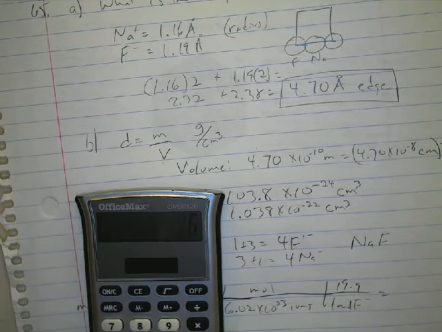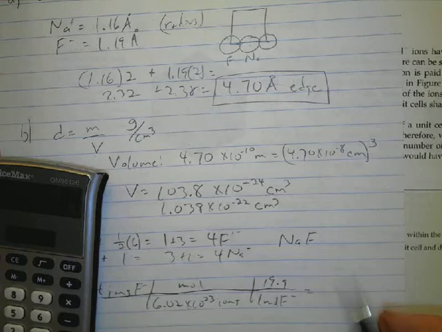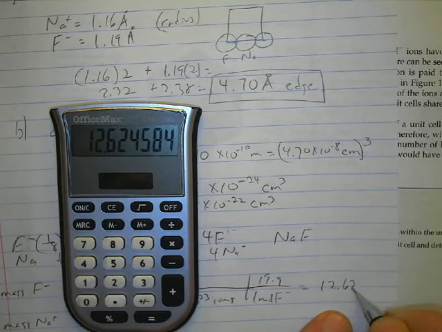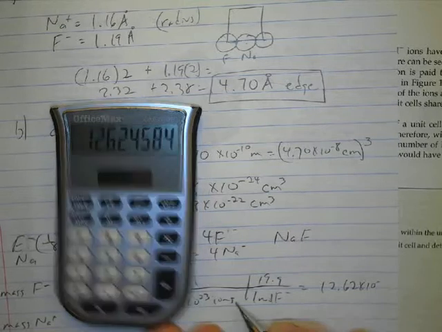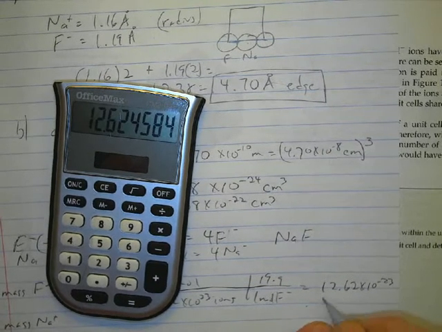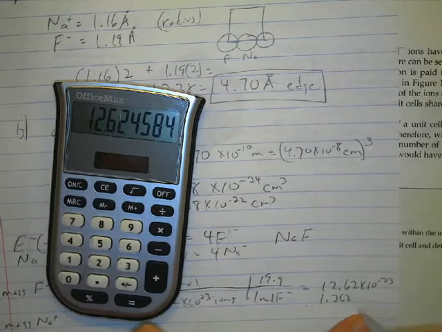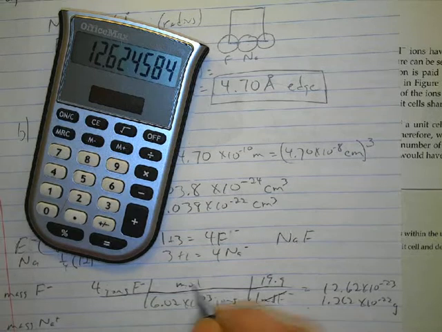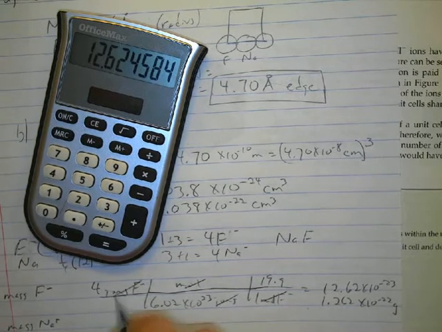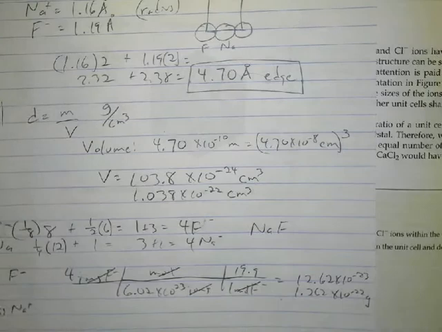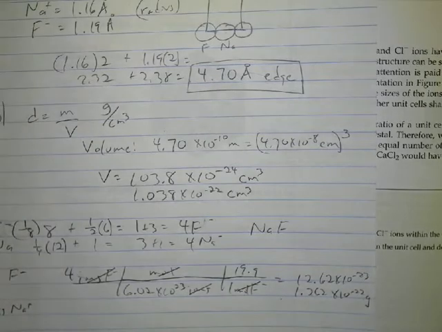So that turns out to be 12.62 times 10 to the negative 23rd. Move that 1, so that's 1.262 times 10 to the negative 22nd grams. Notice how my units have all canceled just like they're supposed to. Okay. 1.262 times 10 to the negative 22nd grams is the mass of the fluoride.